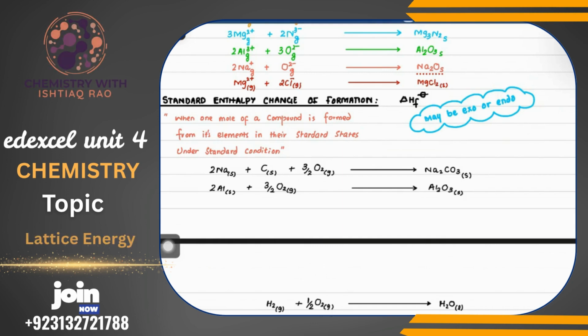But in formation, in the whole equation, both processes are taking place. Bonds are being broken and bonds are being formed. So of course we have to see. That's why I have written it may be exothermic and it may be endothermic.